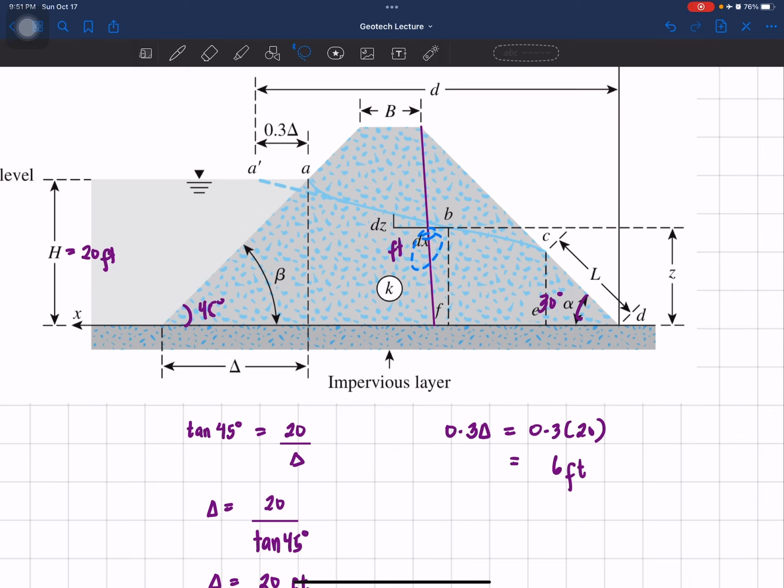And then the last part is 0.3 delta, that's somewhere here.